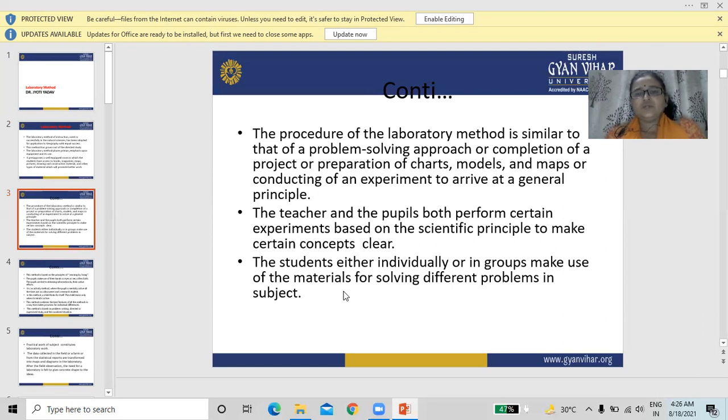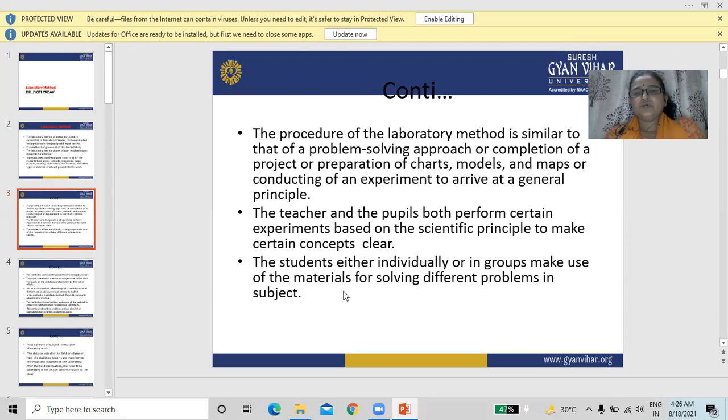The teacher and the pupils both perform certain experiments based on scientific principles to make certain concepts clear.